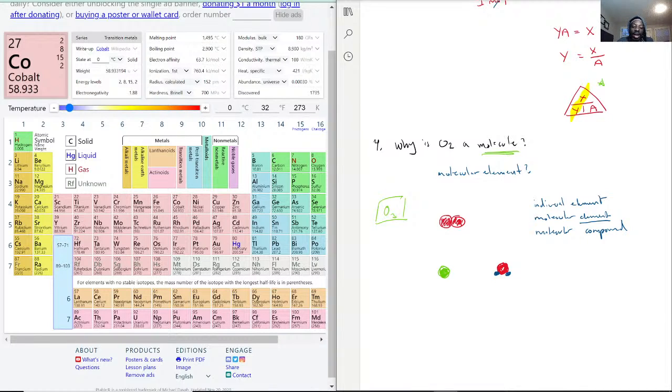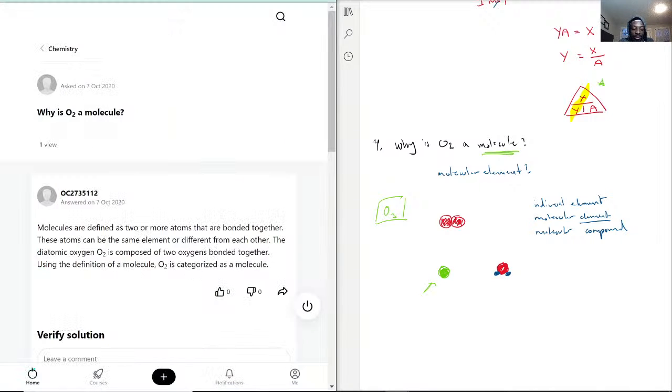The things that don't count as molecules are these right here, things that just go on by themselves. So things like neon, sodium, potassium, things like that just are by themselves, those do not count as molecules. So this is why O2 is a molecule, because it's more than one atom in there.